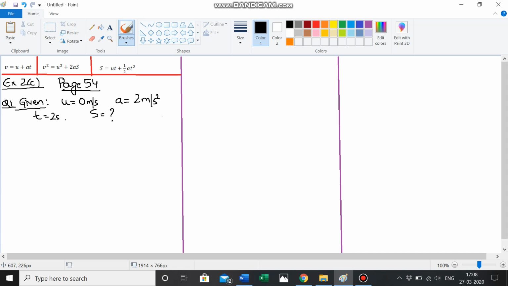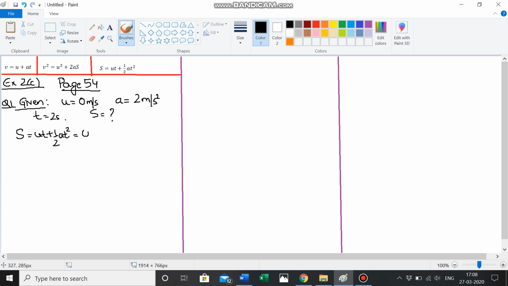So let me see which formula I can apply. This doesn't have S, this has S, but for this I need to know the final velocity. I don't know the final velocity yet. This formula has S, U given, T given, A given. So let's apply this formula. S is equal to UT plus half AT square.